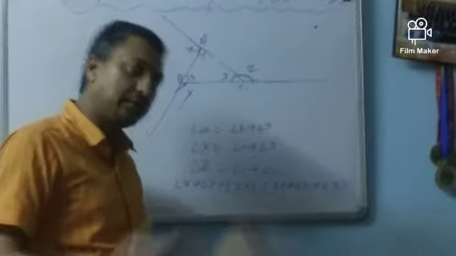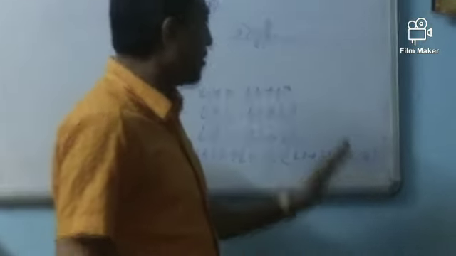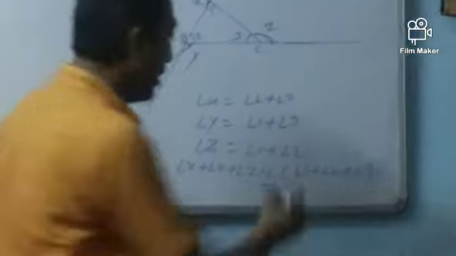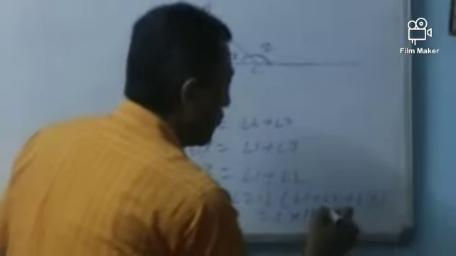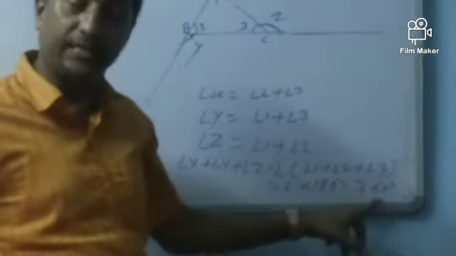And we know what we previously learned: the sum of the angles of a triangle, meaning interior angles, is 180 degrees. So 2 into 180 degrees means 360 degrees.